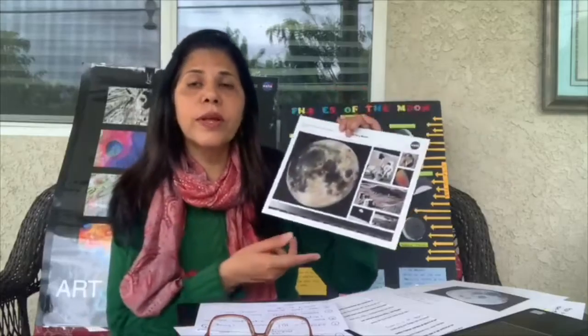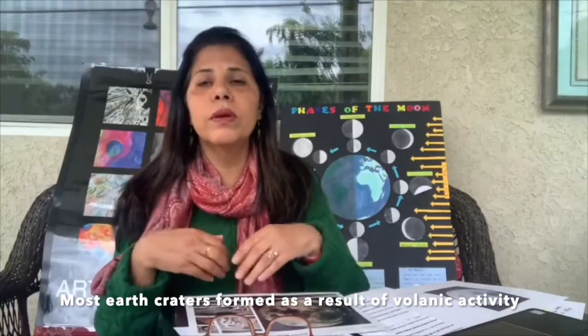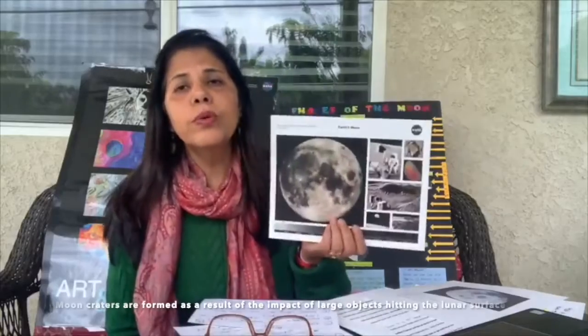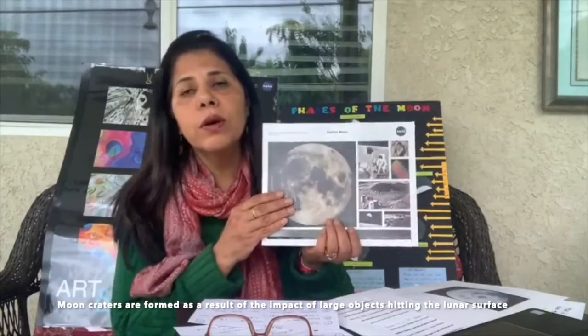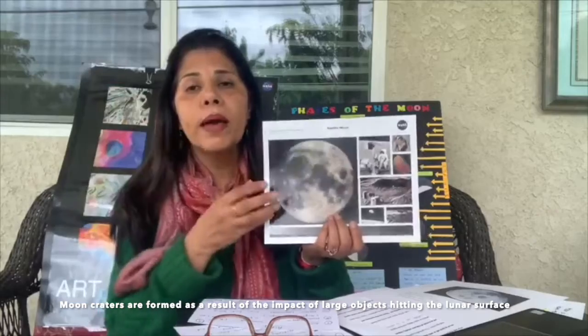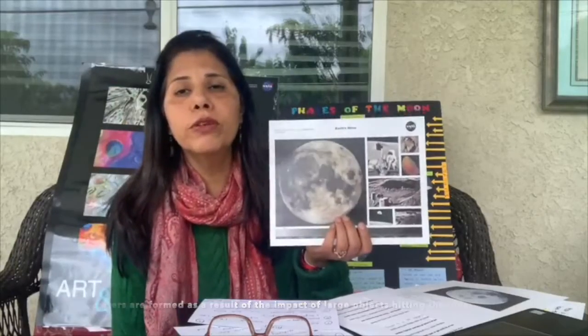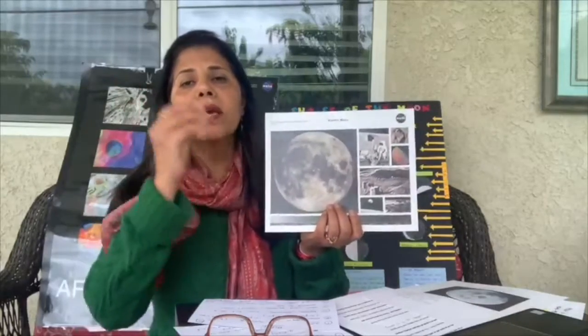As you know, craters are formed because of volcanic activity, and a crater is created after the volcano erupts. But the craters on the moon were formed because of impact, because of a meteorite or a meteor falling and hitting the surface.